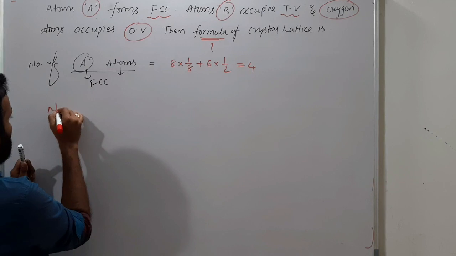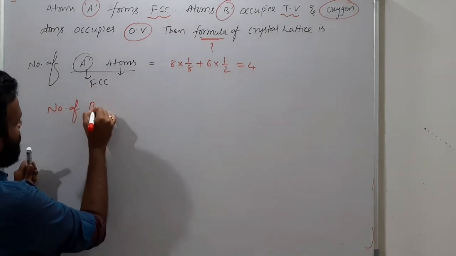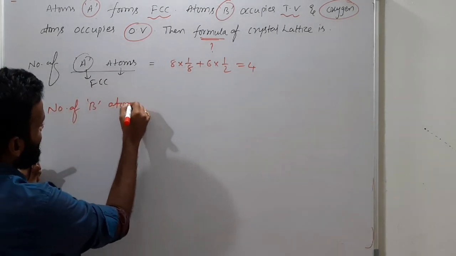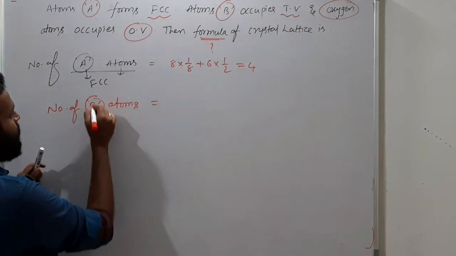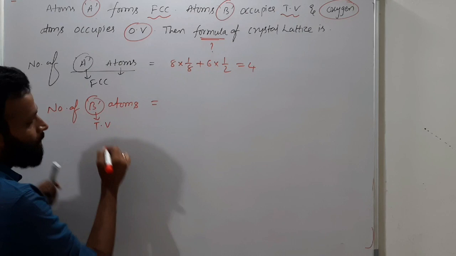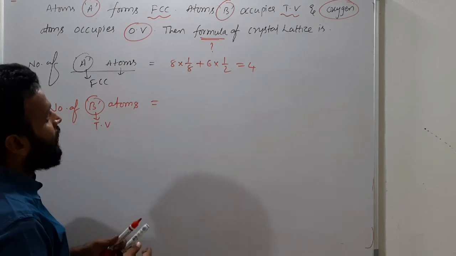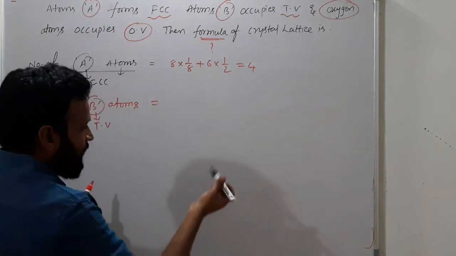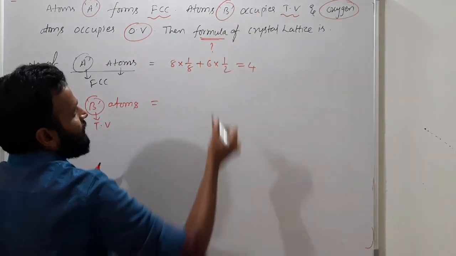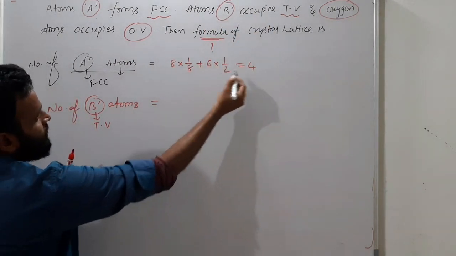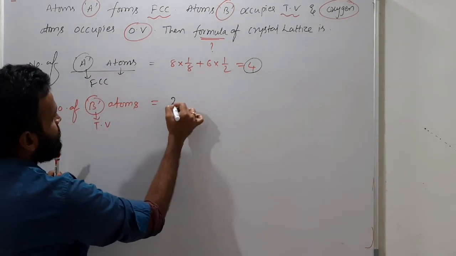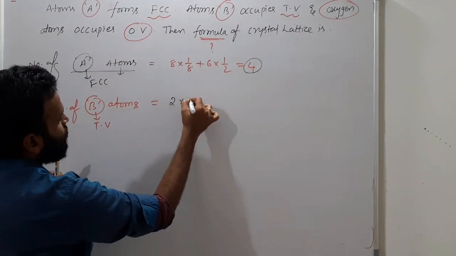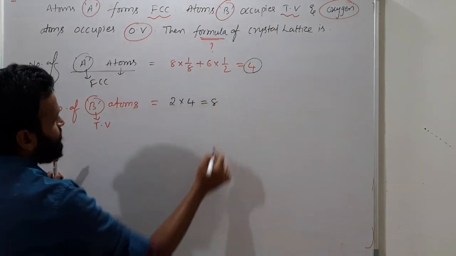Same. Number of B atoms, how many? Because B occupies what? Tetrahedral voids. Atoms B occupy tetrahedral voids. That means the effective number of atoms is 4. So therefore the number of B atoms is 2 into 4, that means 8.